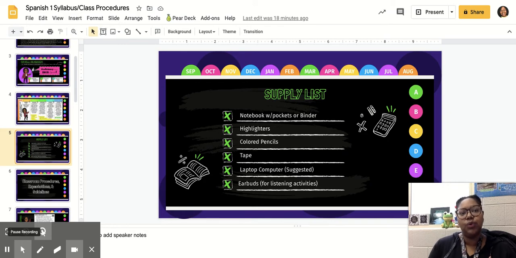And what I do in order to help with that is that I do give you class time in order to turn that in. So if you have your computer with you, and a lot of times these things can be turned in on your phone as well. So laptop is suggested, but a lot of people will be able to use their phones. And then earbuds. You will need earbuds for our listening activities that we do. I'd say about every other day in class, you are going to need some earbuds for that. Okay.